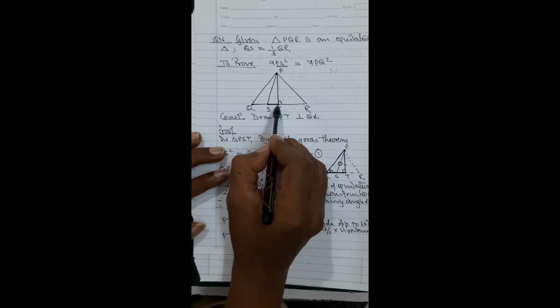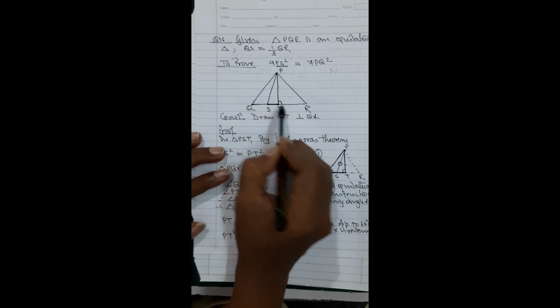QS plus ST is equal to QT. Fine, QS plus ST is equal to QT. So ST will be equal to QT minus QS. But why do I want QS? QS is equal to 1/3 of QR. That is okay, so everything can be converted to QR.